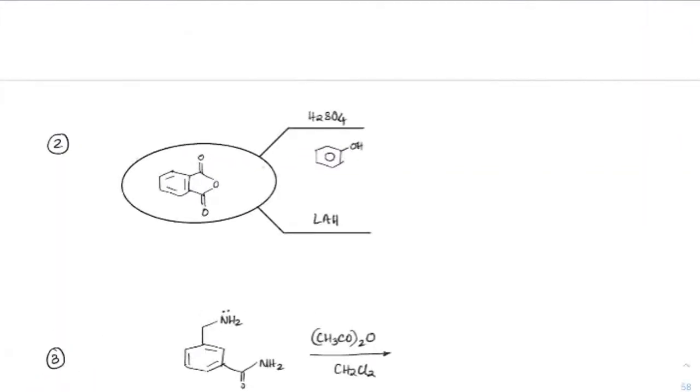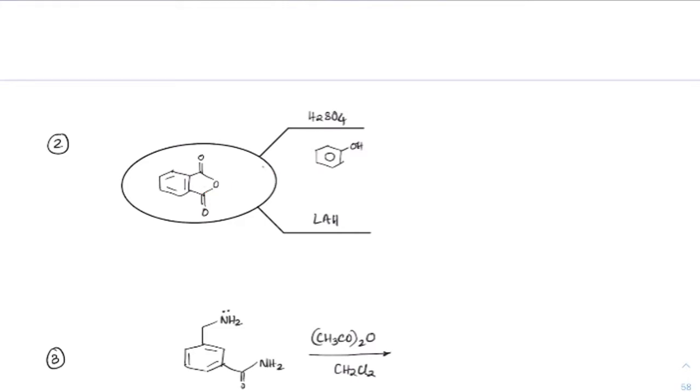Next, go to these anhydride cases. In case of anhydride, right? First, we can see in H2SO4, OH will come here, right? The bond will break towards one side, and C double bond O plus will be present, which will act like an electrophile, and it gets attacked on the para position of this phenol.